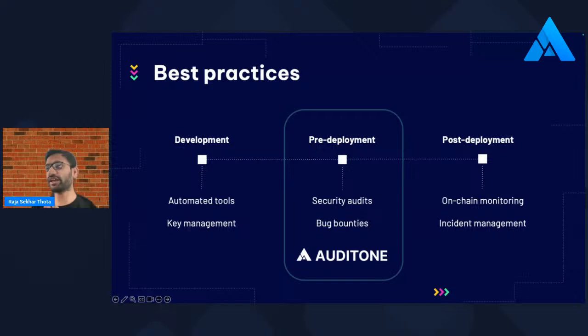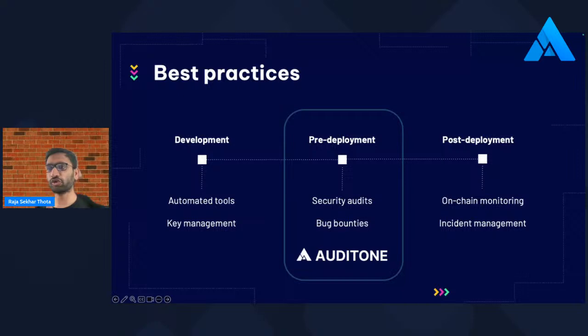And the second phase is pre-deployment. Pre-deployment is a phase where you're planning to deploy your contracts, and before that you need to do certain security checks to ensure that nothing would go wrong after deployment. This is the point where security audits play a major role.